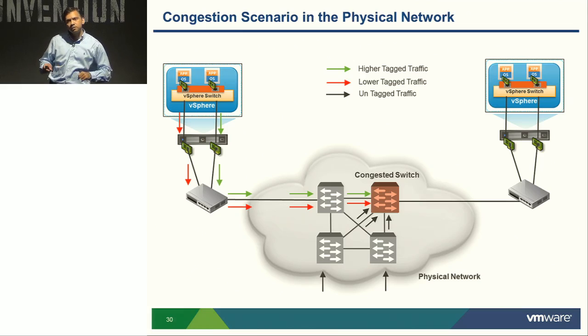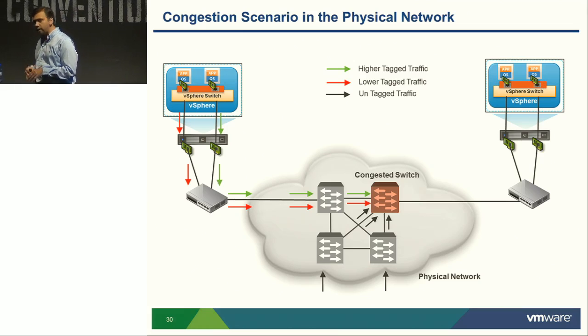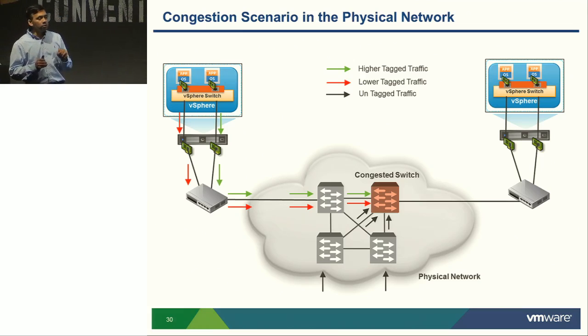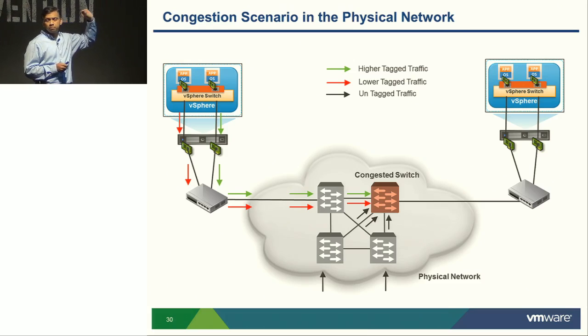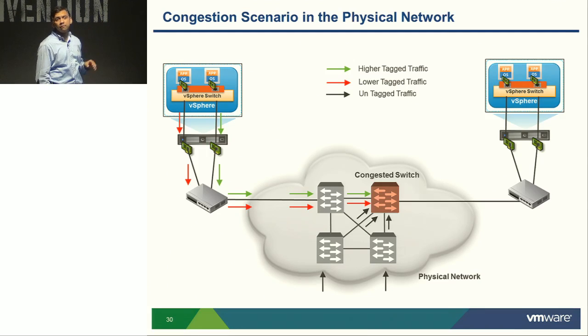In this scenario, since the physical switch is oversubscribed, it is going to drop traffic. So it is going to make the decision of drop based on the priority of that particular packet. It is going to make sure that the green arrowed packet, which is higher tagged, never gets dropped. And you will see that that packet goes all the way to the application out there. So this is the end-to-end quality of service.